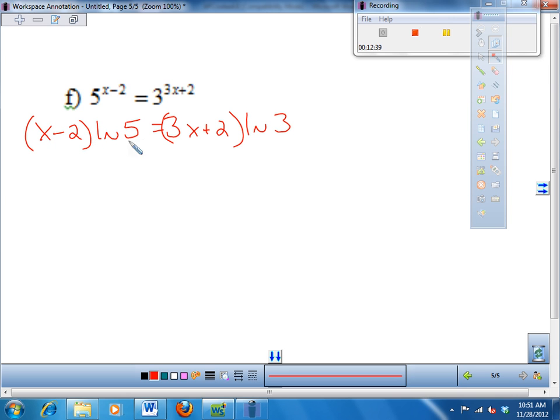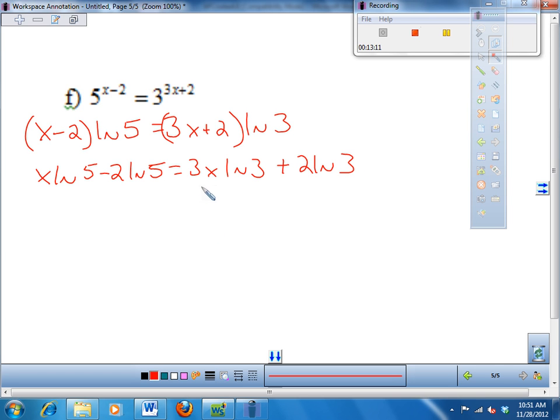Which is kind of an involved process. What you have to do is distribute first. So when I distribute this through, I get x natural log of 5 minus 2 natural log of 5. See, I'm using the distributive property. This times this and this times this equals 3x natural log of 3 plus 2 natural log of 3.